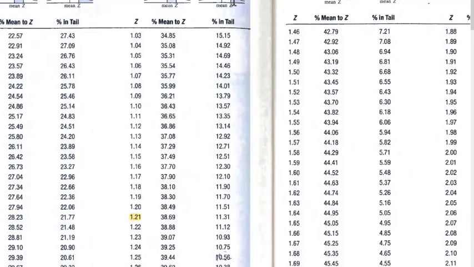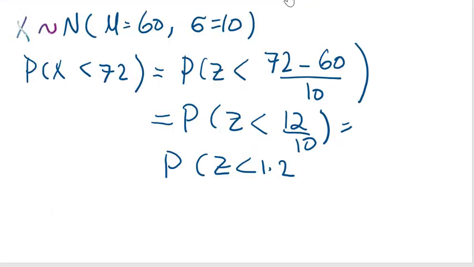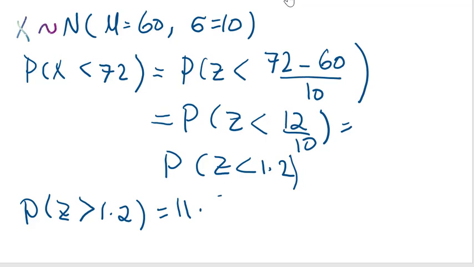Just remember that one, which is 11.31%. So we have got probability of Z greater than 1.2 is equal to 11.31%.